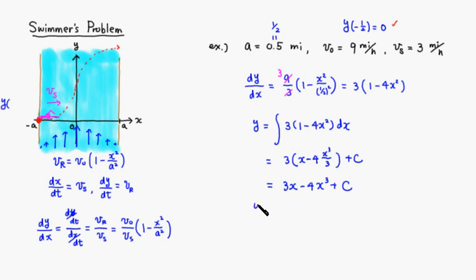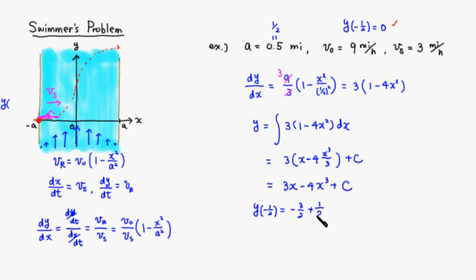Plug in negative 1/2 into here, so it's negative 3/2 minus 4 times negative 1/2 cubed, which is negative 1/8. Negative 4 times negative 1/8 is adding 1/2.